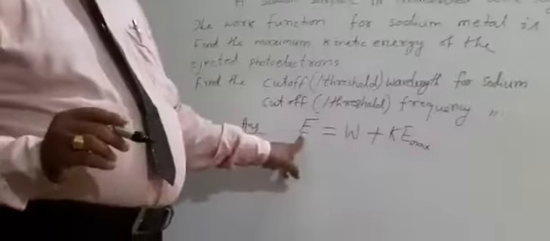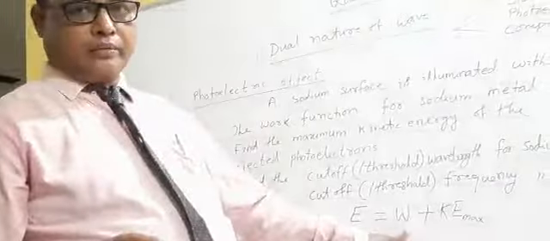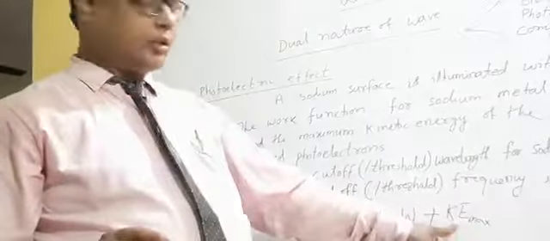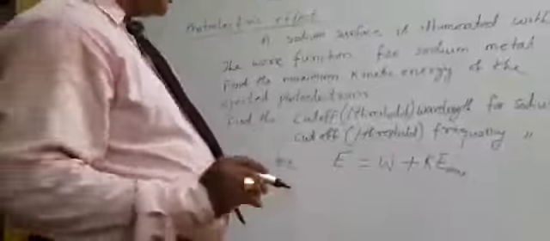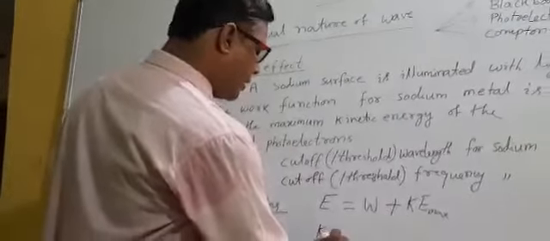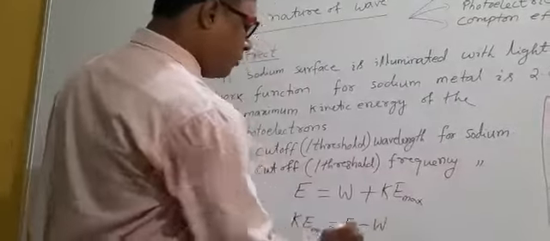E is the energy of the photon, W is the work function of the metal surface, K max is the maximum kinetic energy of the ejected electrons. So from this relation you can find K max is equal to E minus W.